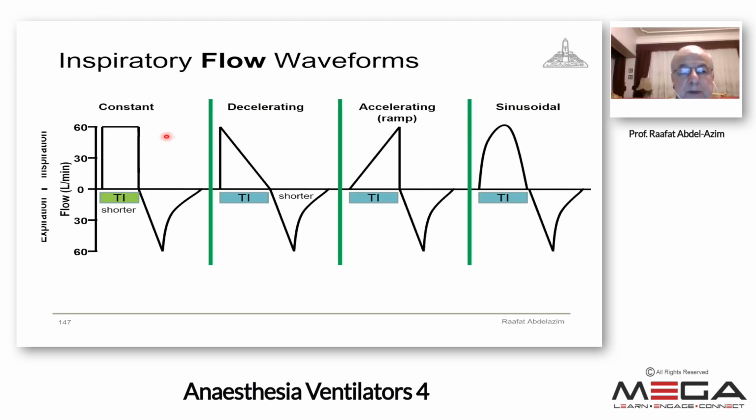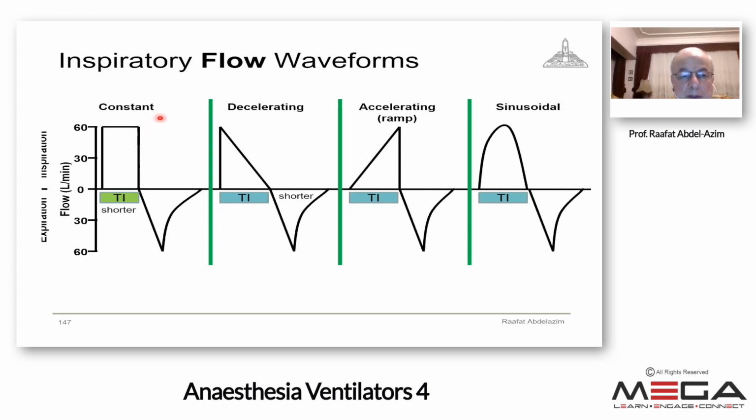We don't see all of them in one patient. We see only one type of these inspiratory waveforms according to the mode of ventilation. And in newer forms of anesthesia ventilators, we can modify the way of flow, whatever the mode of ventilation.